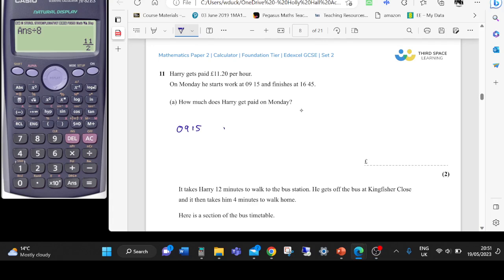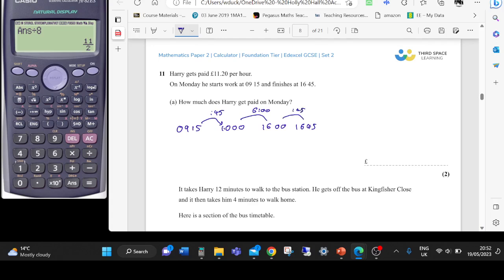So if I go from 9:15 to 10 o'clock, from 10 o'clock to 16:00, and then from 16:00 to 16:45. So I've got 45 minutes there. I've got 6 hours there. And then I've got 45 minutes there.